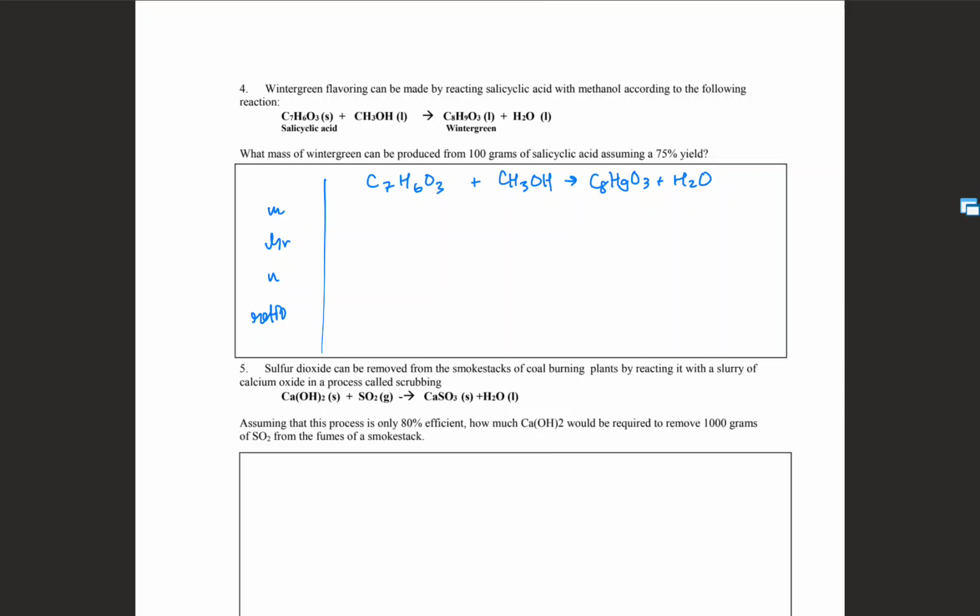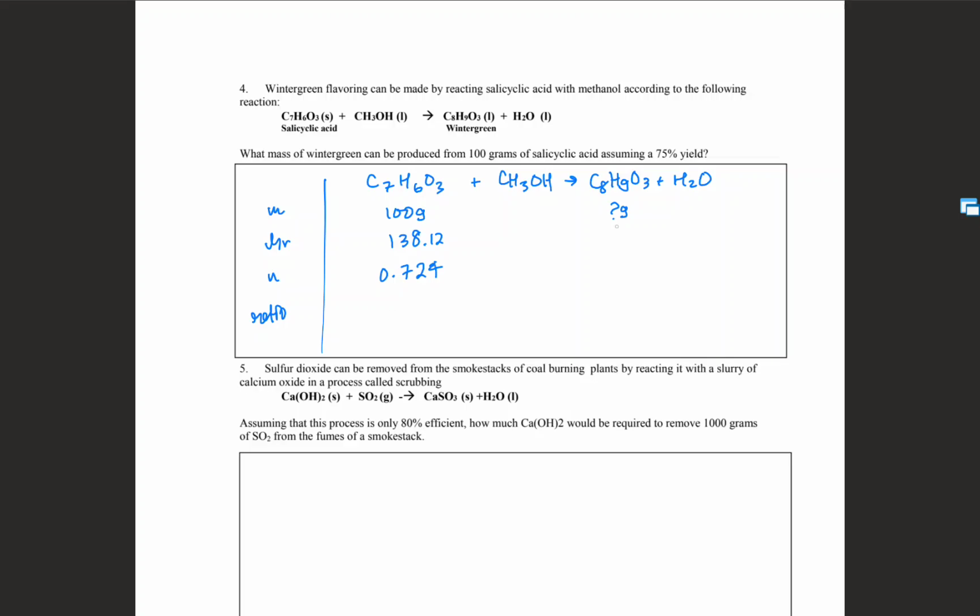So we are trying to find how much of this we can make if we are given 100 grams of salicylic acid. First, we're going to plug in the molar mass from the periodic table, which is 138.12. If you divide 100 over 138.12, you'll get 0.724.